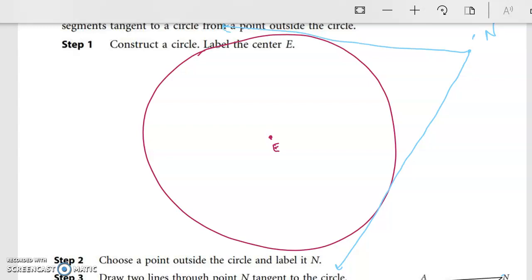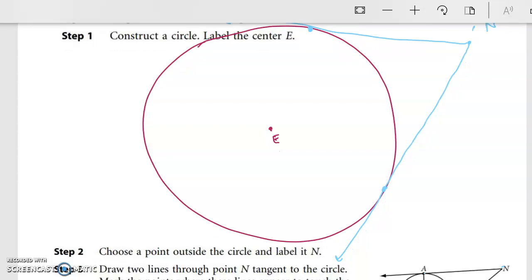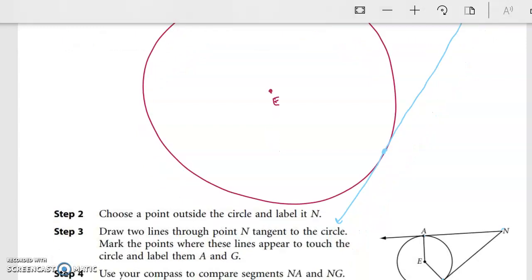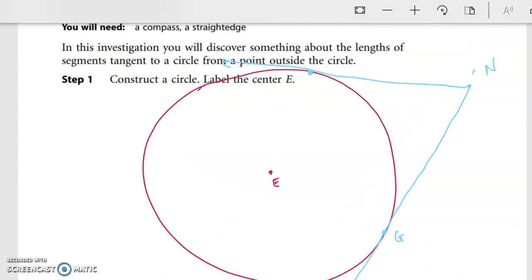Again, yours will look a lot nicer than mine because you're using a compass and a straight edge. So now we want to draw 2 lines through point N tangent to the circle. Mark those points A and G. So here's G and here's A.